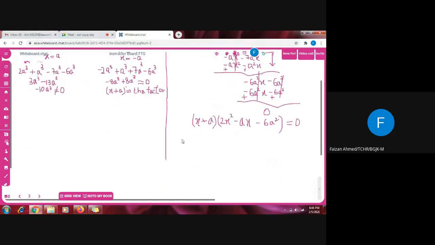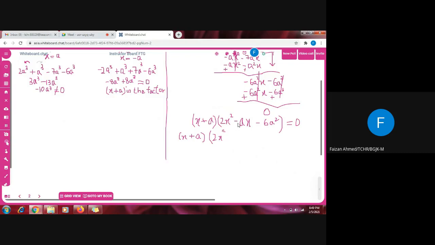So I will now start with the middle term breaking method, and I will multiply the corners to see what number is required. This is 2x square and this is minus 6a square, so 6 times 2 is 12. So I know that there are two numbers which on multiplication give me 12, and on subtraction give me 1. So I am going for 3 multiplied by 4.